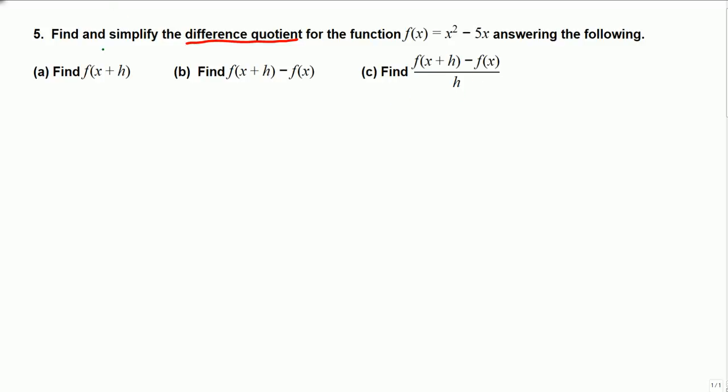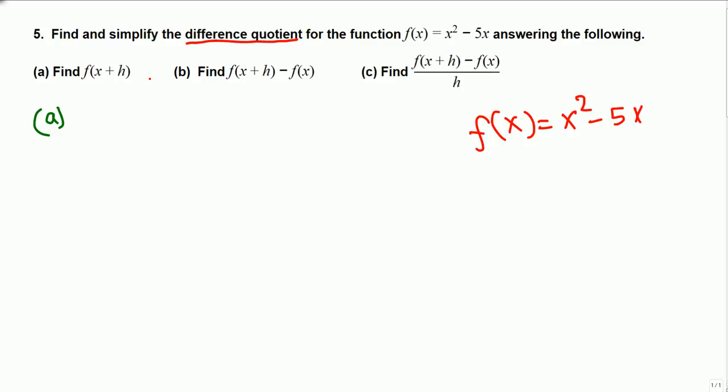Okay, so let's find f of x plus h first. Our function is given here, so f of x is x squared minus 5x. That is in fact f of input, any input. If this input is in the domain, then the output is that input squared minus 5 times the input. Now in part A we have f of x plus h.